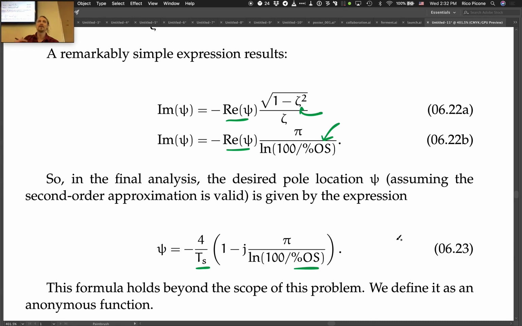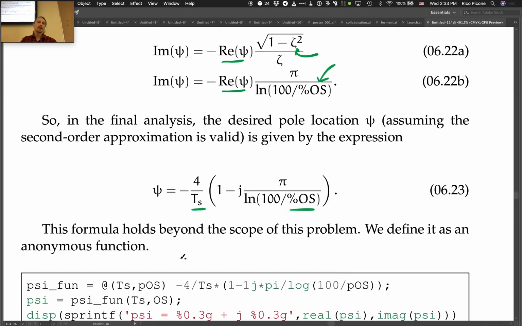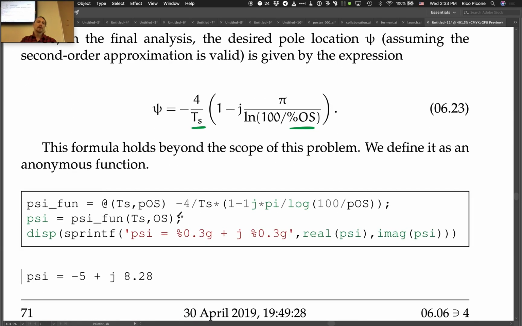When you're going to do a lot of these design problems, it's nice to have these formulas that are more general to work with. So this gives us the location of our psi if we have a specific percent overshoot and settling time that we would like to work with, which are two of the most common design criteria. Okay? It's a useful one. Good. So we define in MATLAB an anonymous function for it.